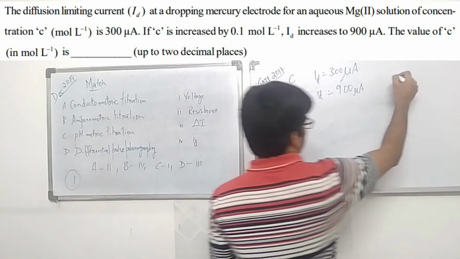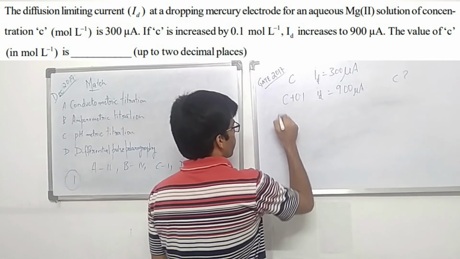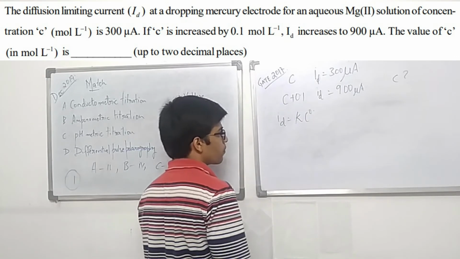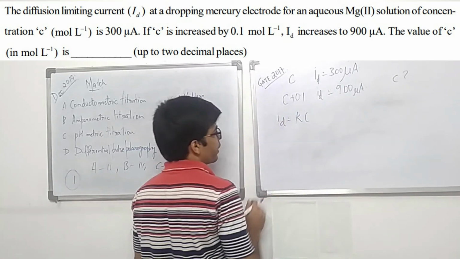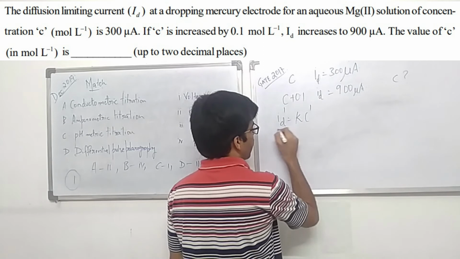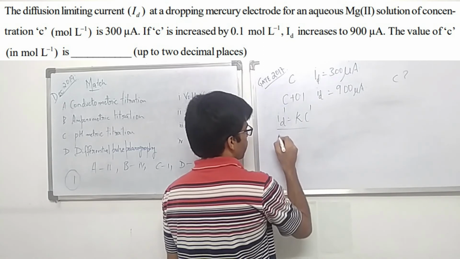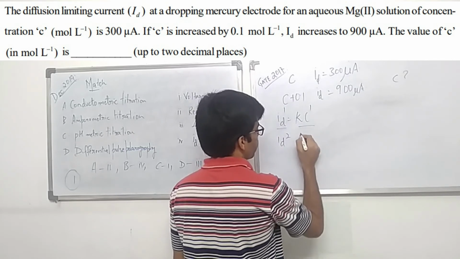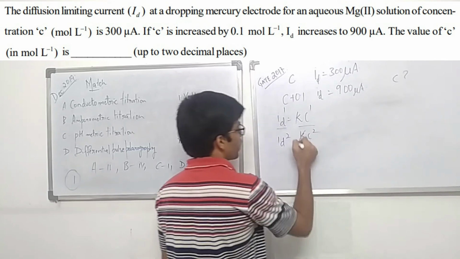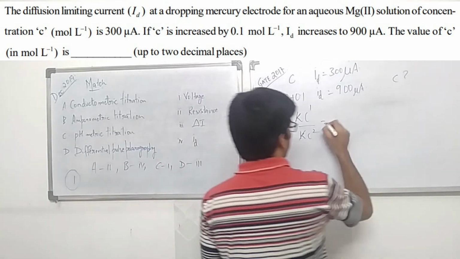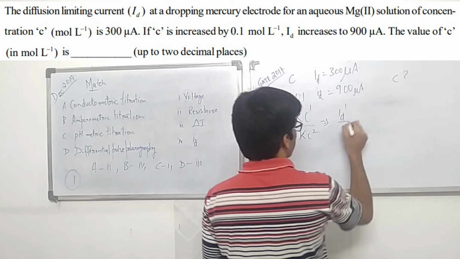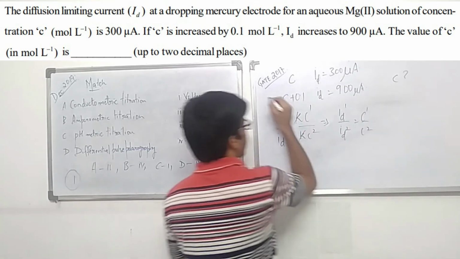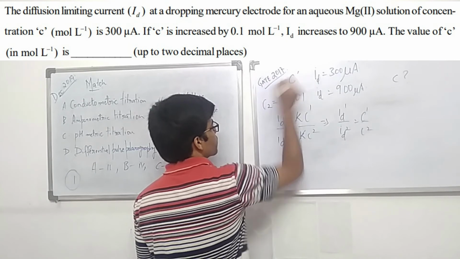Now we know that diffusion current equals K into C. So for two different cases, I can write ID1 equals K C1 and ID2 equals K C2. K is a constant that gets cancelled. I am left with ID1 by ID2 equals C1 by C2.